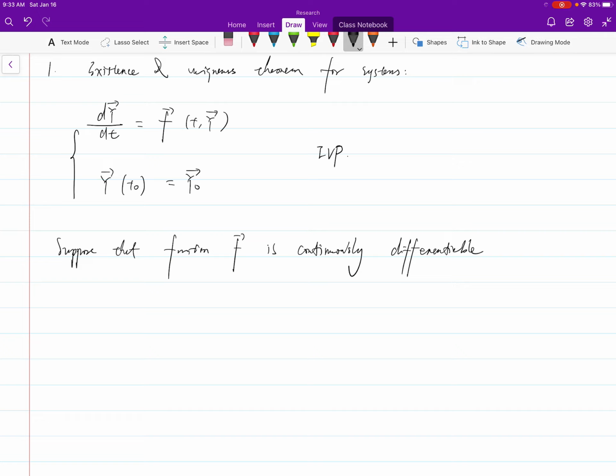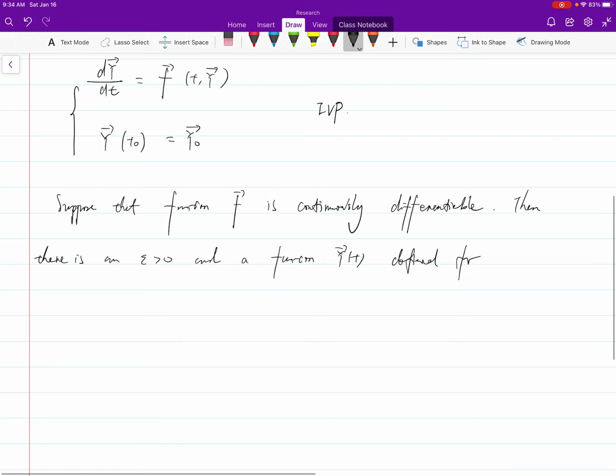Okay. Then there is an epsilon, and the function y(t) defined for, again, a small rectangle around t0, that uniquely satisfies the initial value problem.